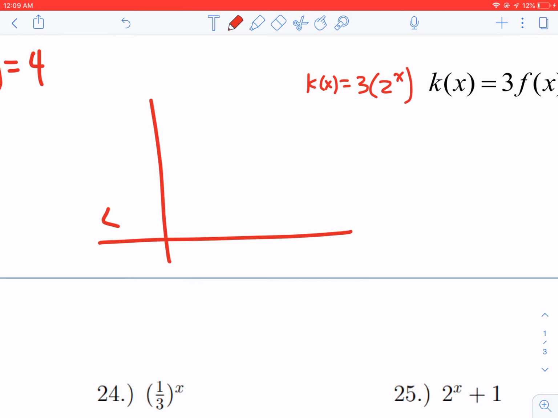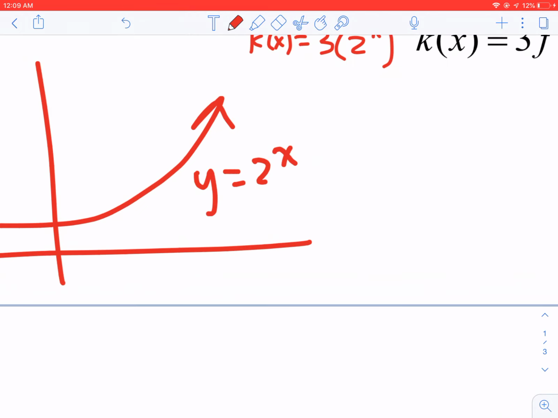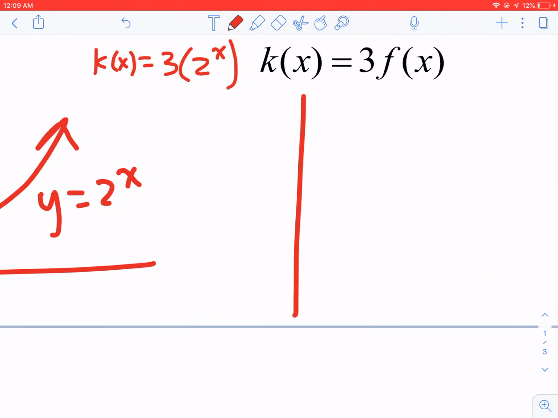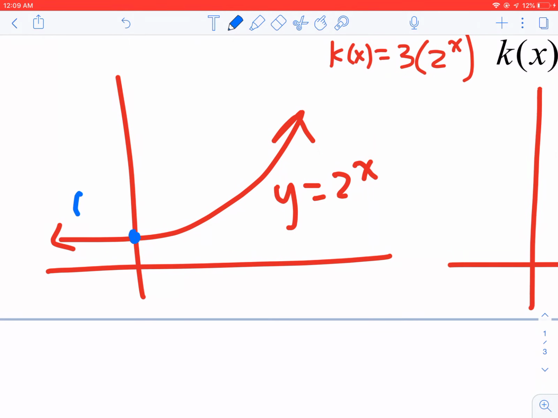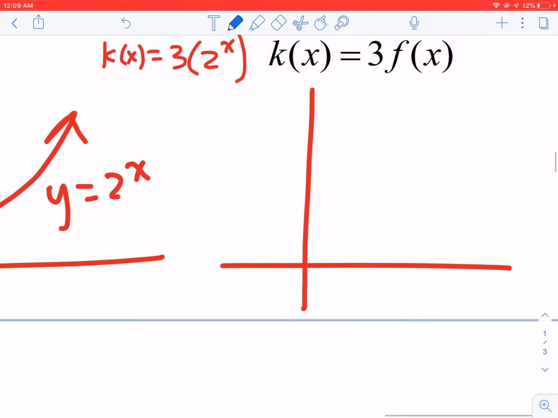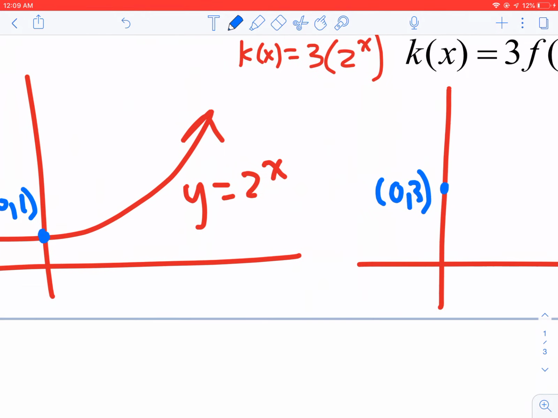So the graph of y equals 2 to the x, when we do 3 times 2 to the x, right, this point 0, 1, that's going to become 0, 3, because it's a vertical stretch by a factor of 3.